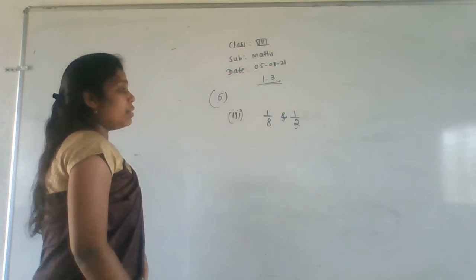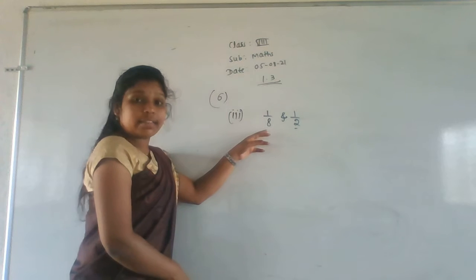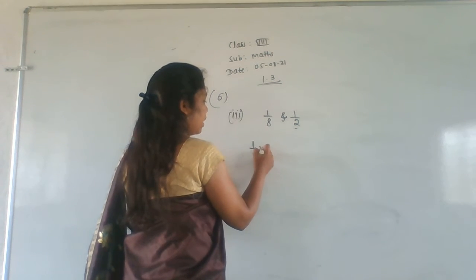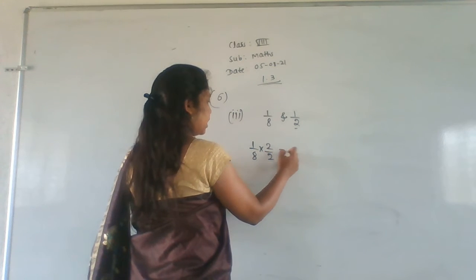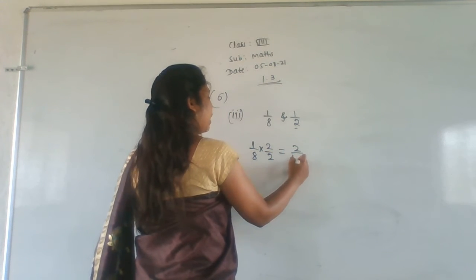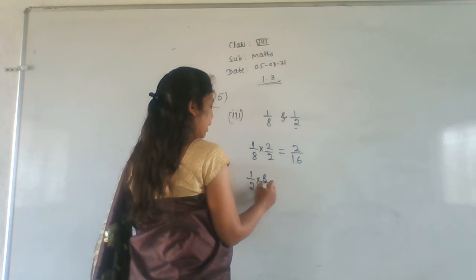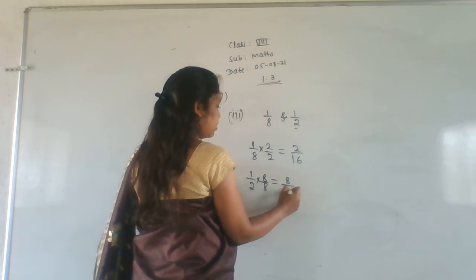So first our aim is to make the denominator the same. Then multiply first 1 by 8 into 2 by 2, that will be 2 by 16. Next 1 by 2 into 8 by 8, that will be 8 by 16.